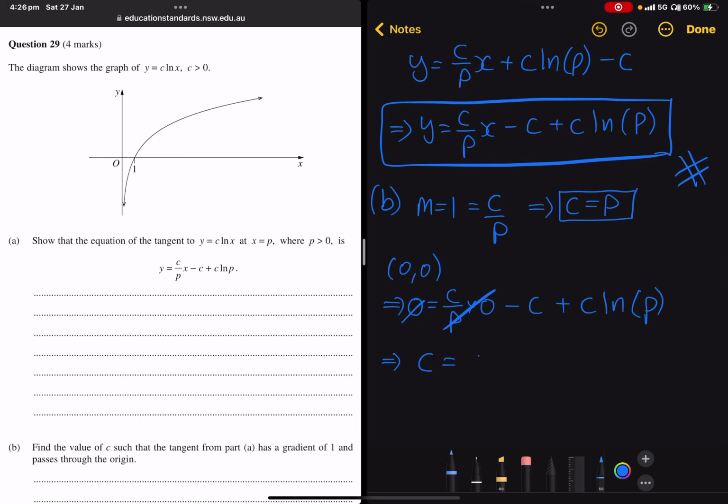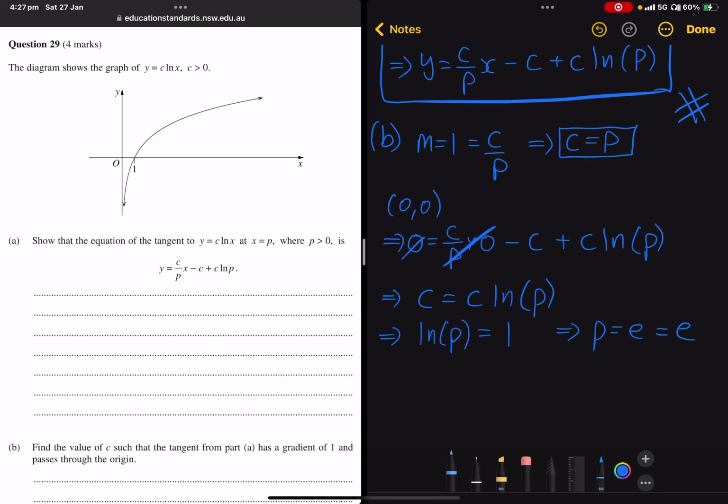We get c is equal to c times ln p. We can divide both sides by c, and this gives us ln of p is equal to 1. Well, this is the point where p is equal to e, because the natural log of e is 1. And we know that if p is equal to e, c is going to be equal to e as well.